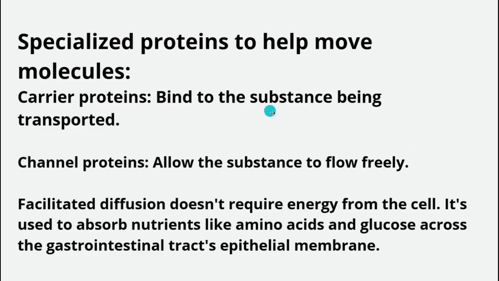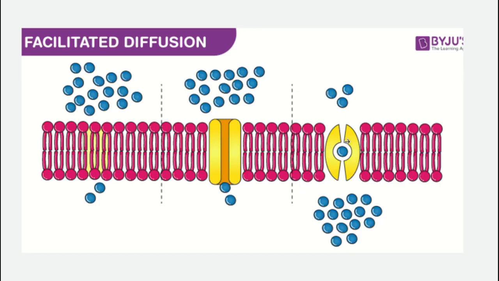So specialized proteins help move these molecules. In facilitated diffusion, we use carrier proteins and channel proteins. Carrier proteins bind to the substance being transported, and channel proteins allow the substance to flow freely. As you can see, it literally binds.